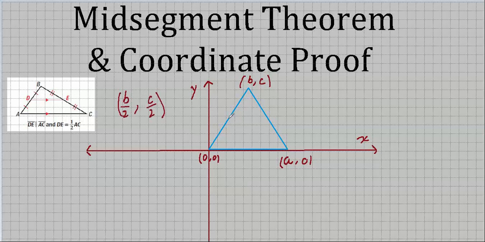And that's right here. It's our midpoint. What about over here? Well, over here we get (B plus A) over 2, and C over 2.